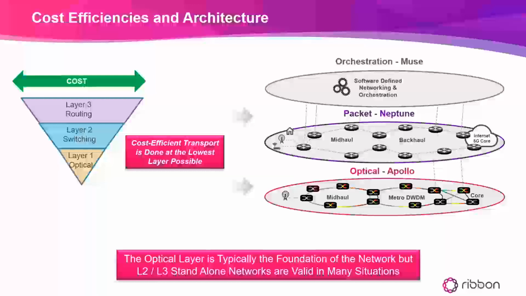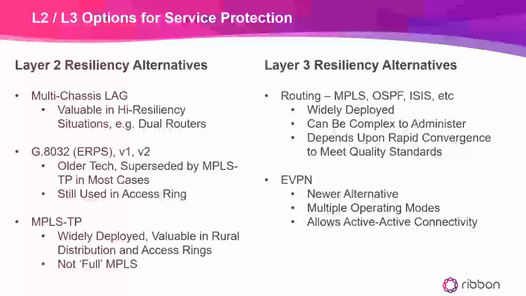However, that's not always necessary. In some situations, a purely standalone layer 2 or layer 3 network is perfectly valid. We're going to talk about that today, particularly in terms of resiliency.